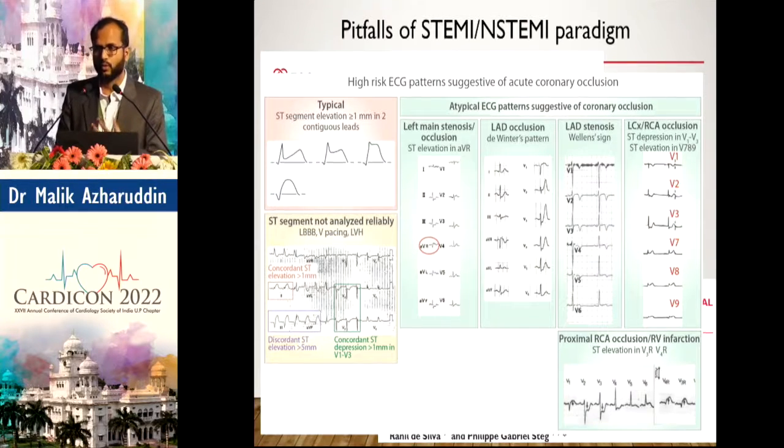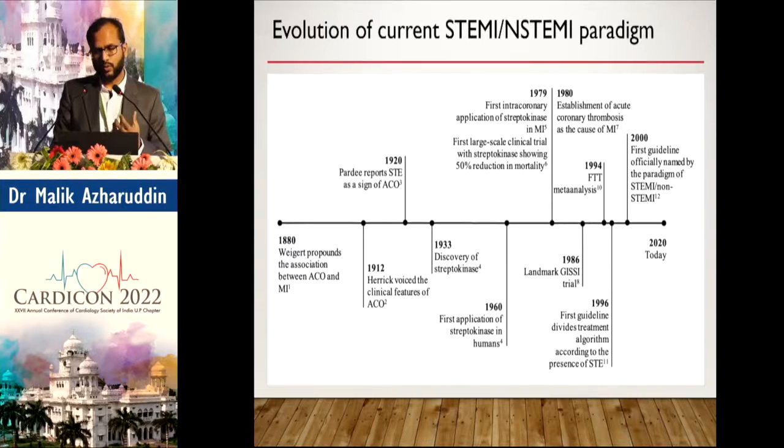We already know there are a lot of markers of acute coronary occlusion which can help us detect it, like the De Winter pattern and the subtle posterior wall MI signs. In LBBB, not exactly absence of ST elevation, but we have criteria which help us improve the diagnosis of acute coronary syndromes.